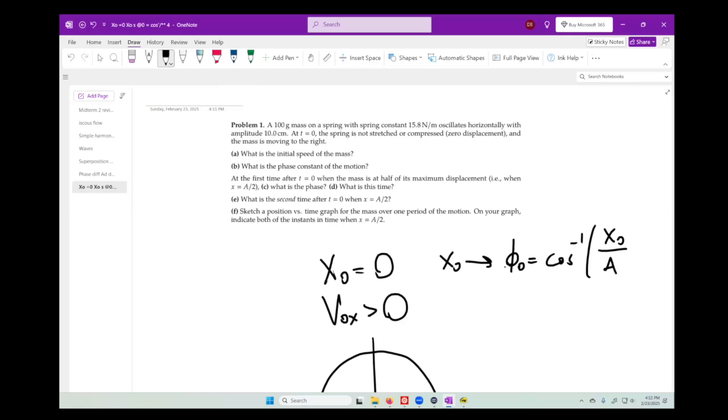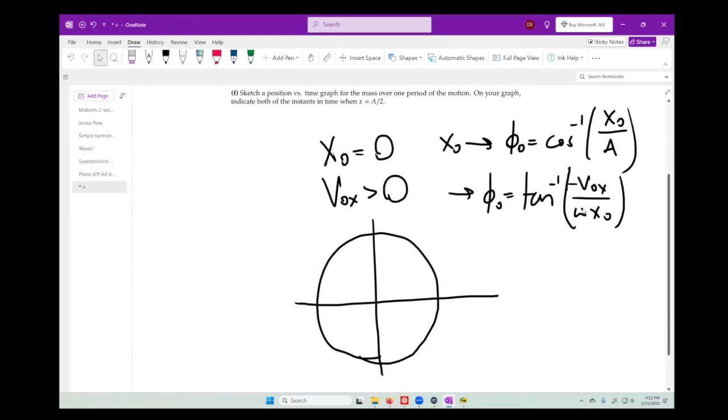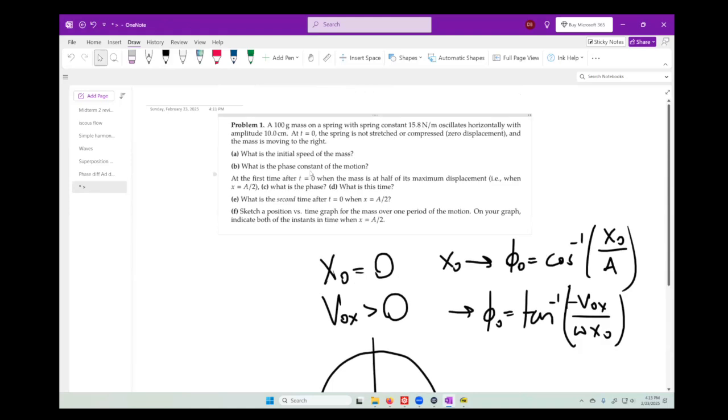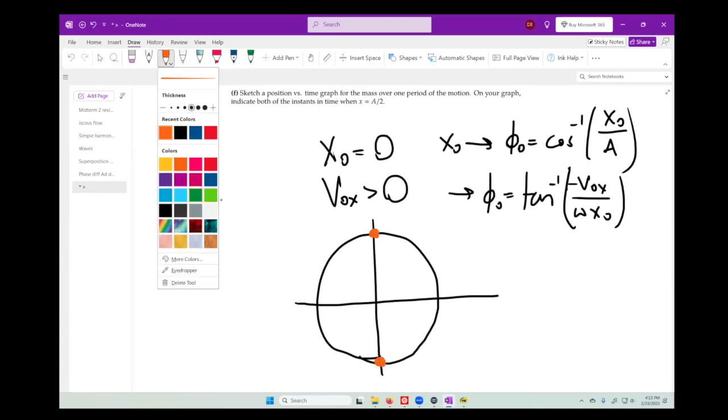Or you have x naught and v naught x, and you want to use the inverse tangent formula. Either way, you're going to get two possible answers. Even in this problem where we know x equals 0, we get two possible answers: here's one point where x equals 0, and here's the other.